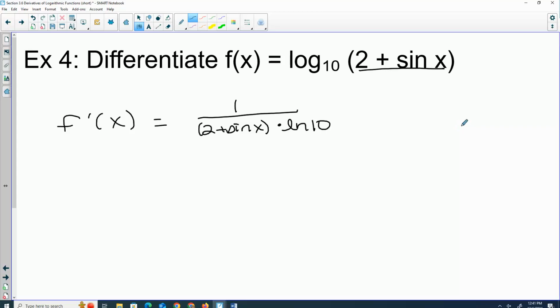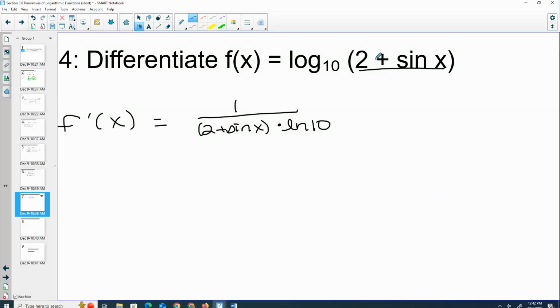So x was the argument. It's not natural log, so my denominator includes the natural log of the base, just like when we did derivatives and it wasn't an e. They had an extra natural log of the base with it.